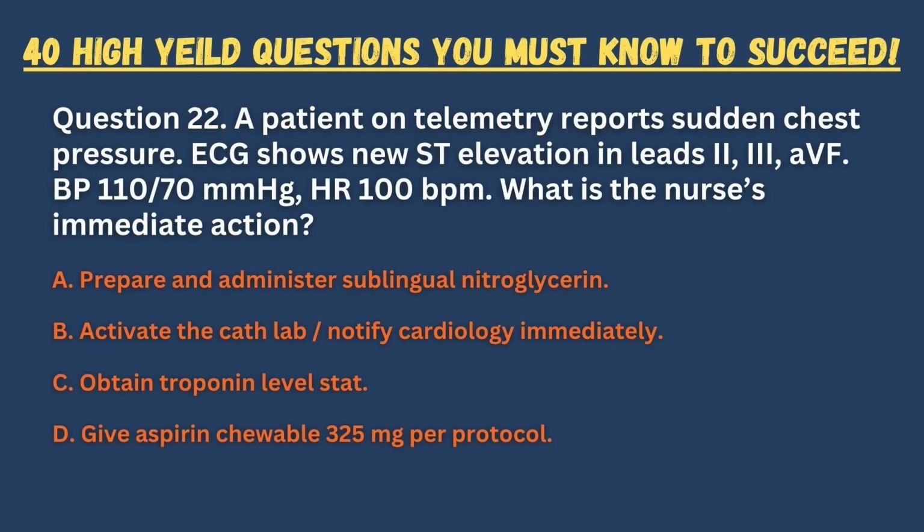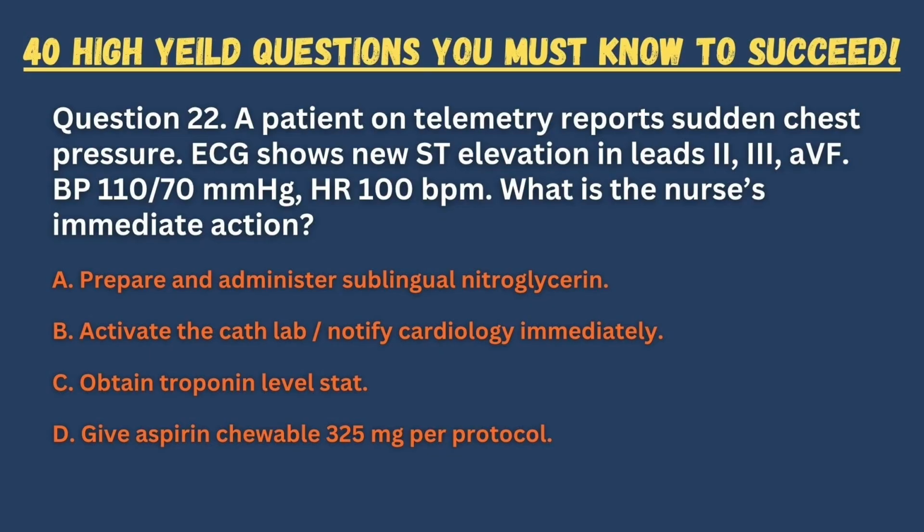Question 22. A patient on telemetry reports sudden chest pressure. ECG shows new ST elevation in leads 2, 3, aVF. BP 110 over 70 millimeters of mercury. HR 100 BPM. What is the nurse's immediate action? A. Prepare and administer sublingual nitroglycerin. B. Activate the cath lab or notify cardiology immediately.